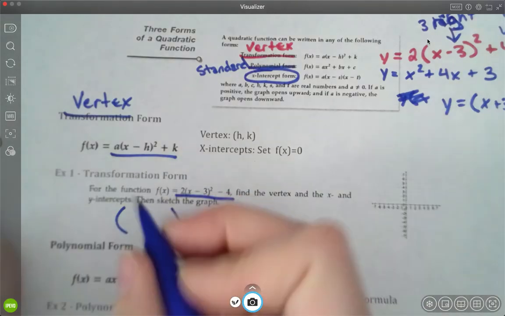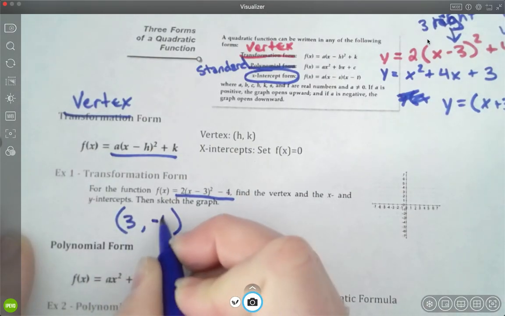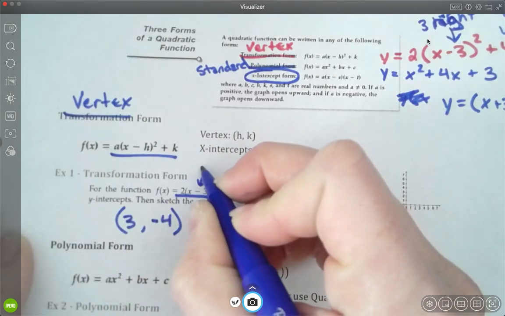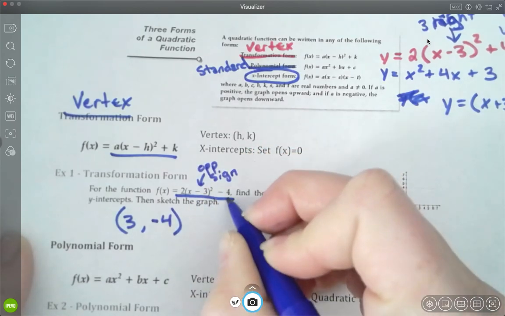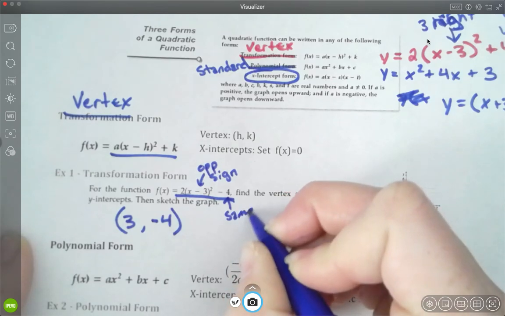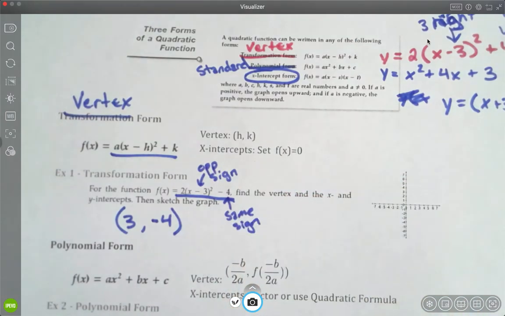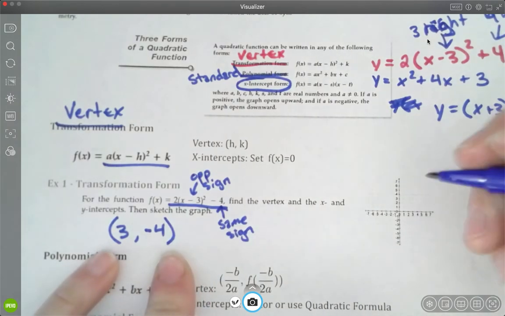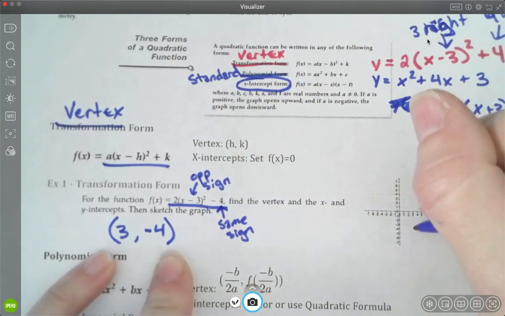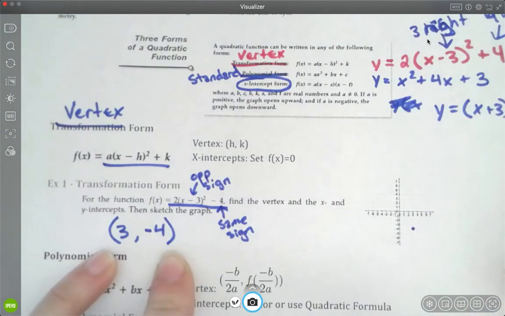You take the opposite sign of this one right here, and this one is the same sign. Opposite sign, same sign. And then they want us to find the x and y intercepts. So we know that the vertex is at (3, -4). I'm going to go down here, (3, -4), and put my dot. There's my vertex. And then the next thing I'm going to do is find the x and y intercepts.